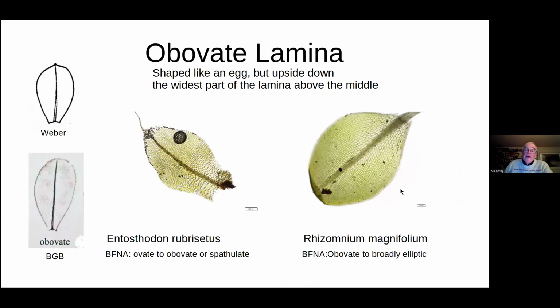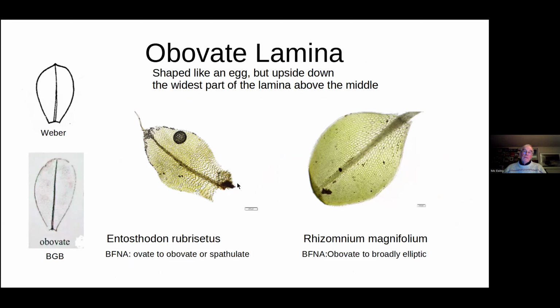And then obovate is ovate, but it's flipped over, shaped like an egg, but the widest part is the top.